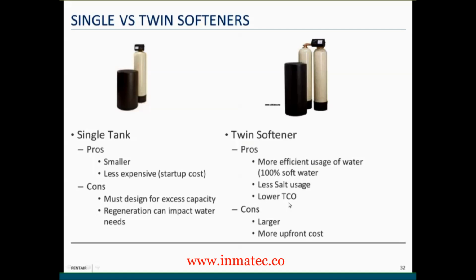So the total cost of ownership is lower with a twin system. For the same efficiency or water use, a single system would have to be 10 to 30% larger. Cons: it's larger, has a bigger footprint, and there's more upfront cost.